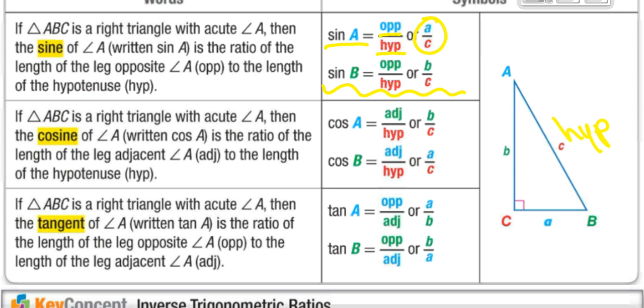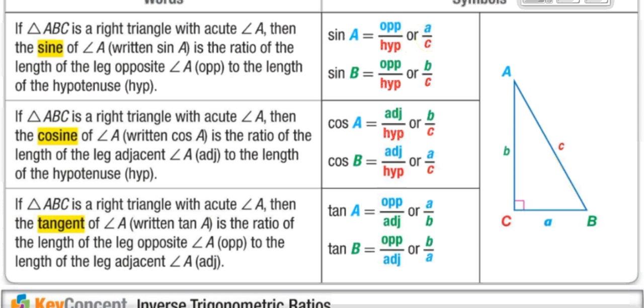Now if I'm talking about angle B and I trace that angle, then the side opposite angle B is little b, segment AC, and the side adjacent to angle B is part of that angle, but not the hypotenuse, so the adjacent side is here. Notice that the opposite side and the adjacent side have flipped, they have changed position as we go.